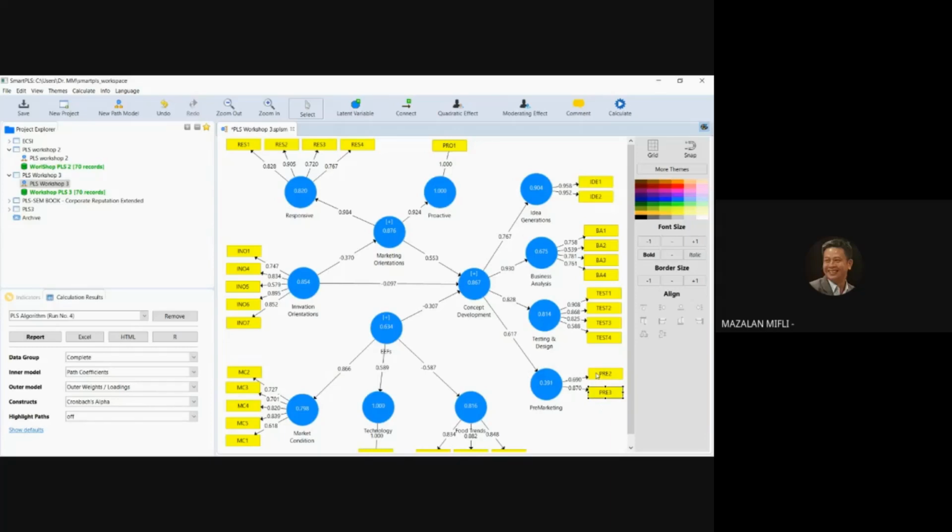In SPSS, you can actually increase the value of your alpha by deleting items from the questionnaire, and hopefully by deleting, the value will go up. But in our case here, we only have 2 items left. There's not much to do about it.